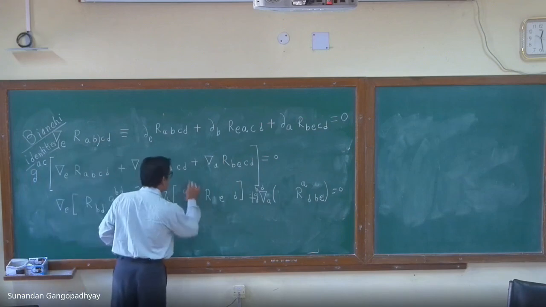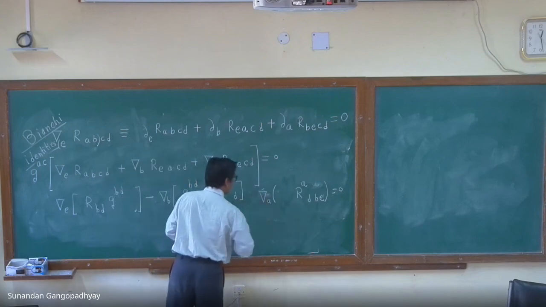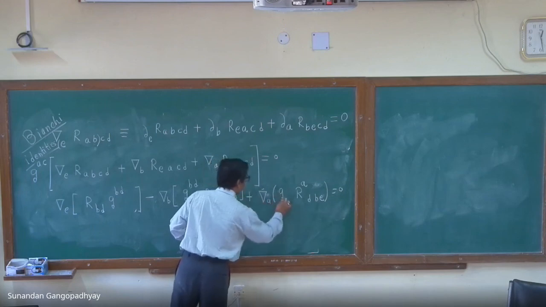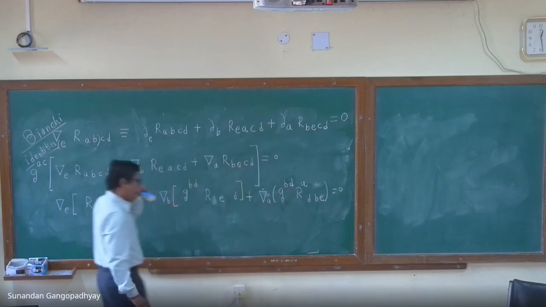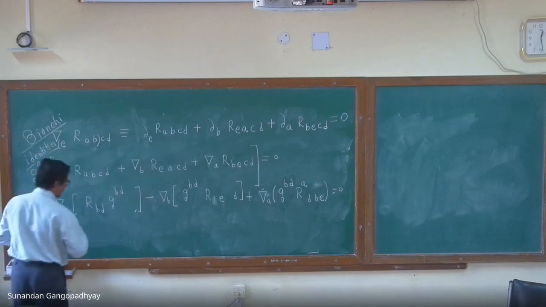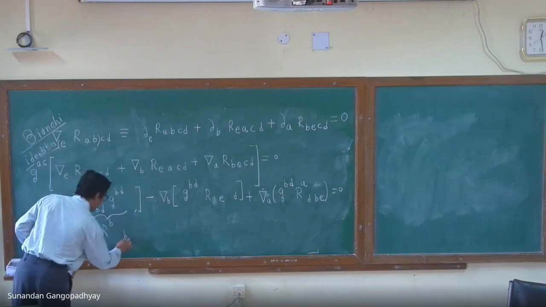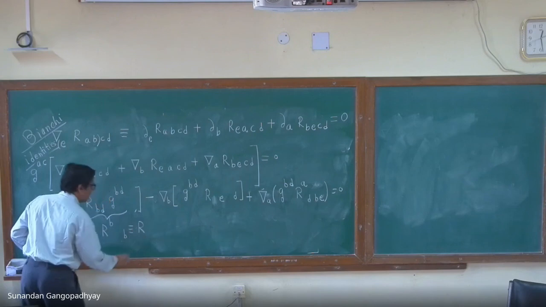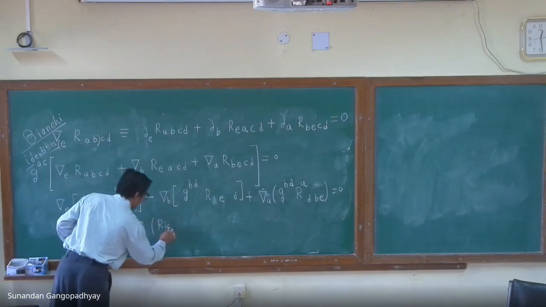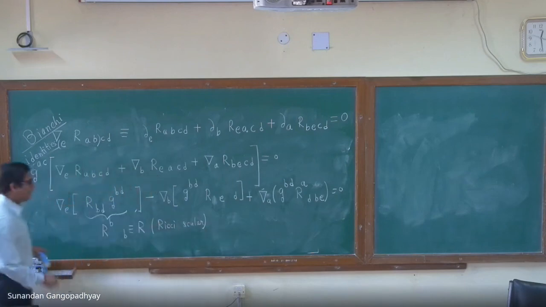This is g^{BD} plus g^{BD} R_BD, this object, nothing but R, which is the Ricci scalar. The Ricci scalar, so you get this.